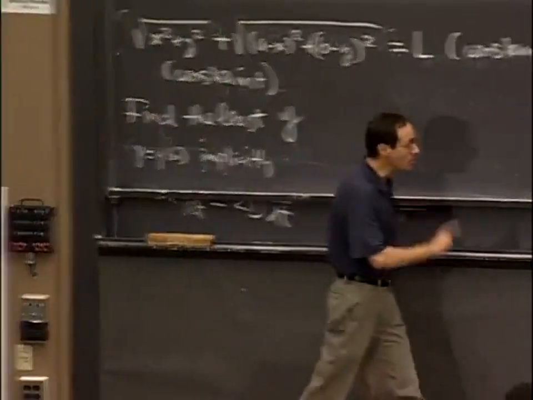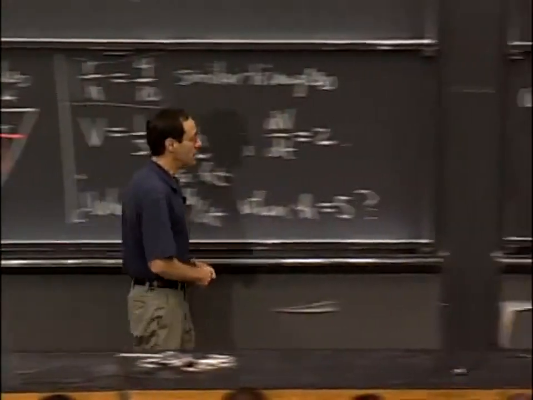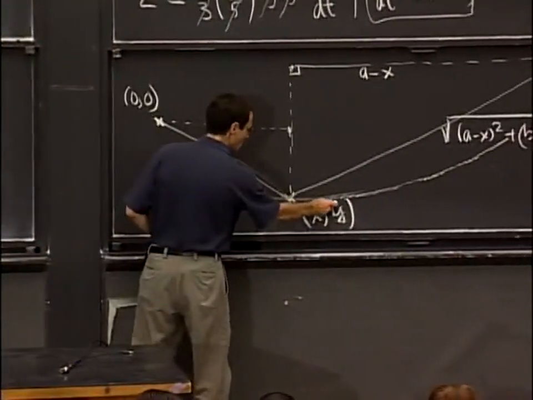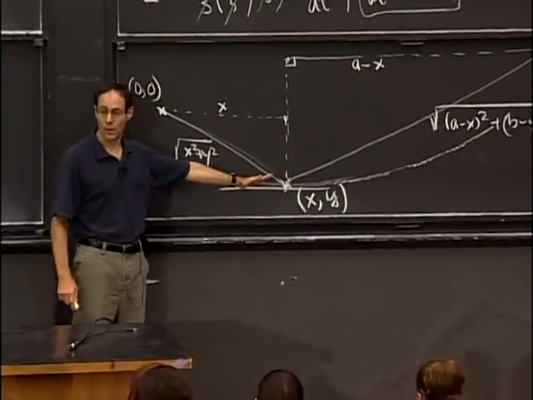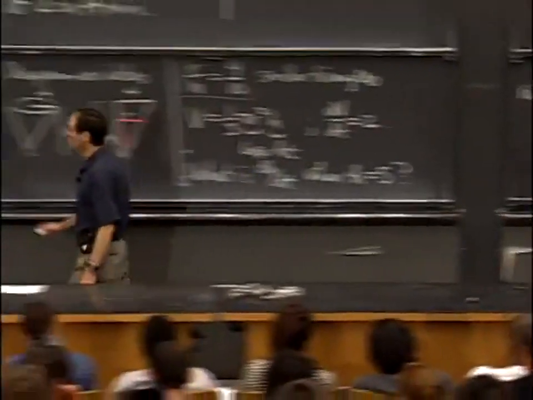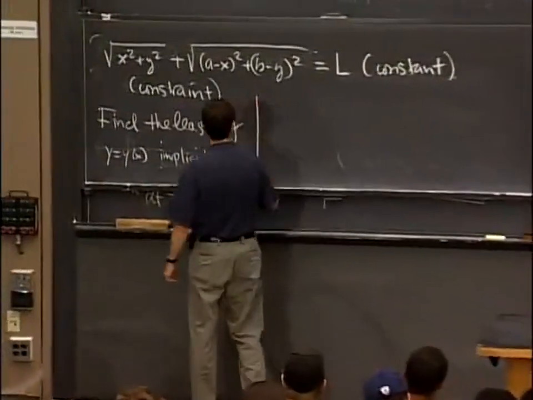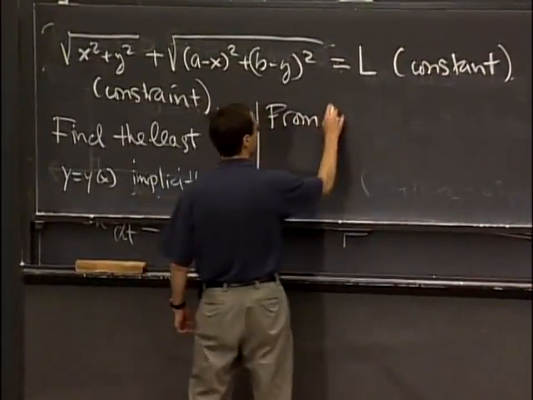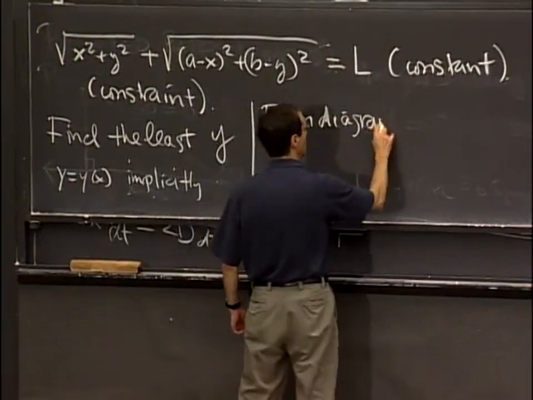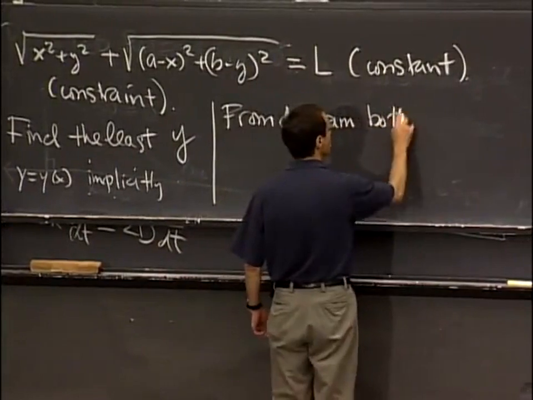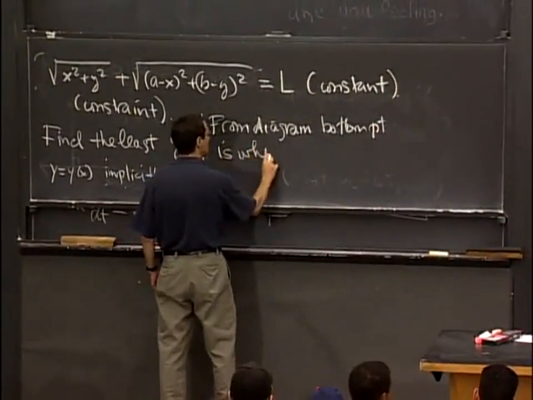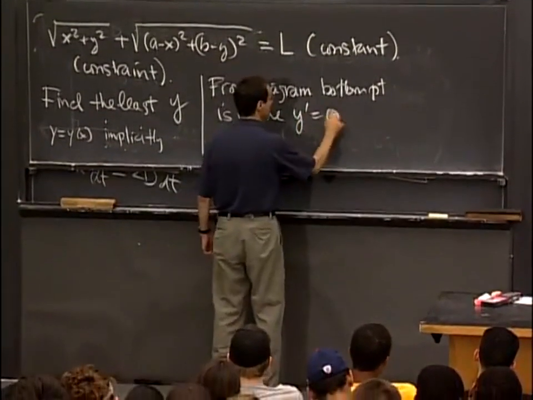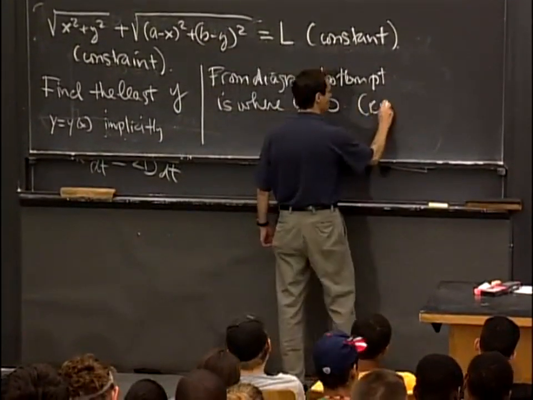And notice the bottom point is exactly the place where the tangent line will be horizontal, which is just what we want. So from the diagram, the bottom point is where y prime is equal to 0. So this is the critical point.